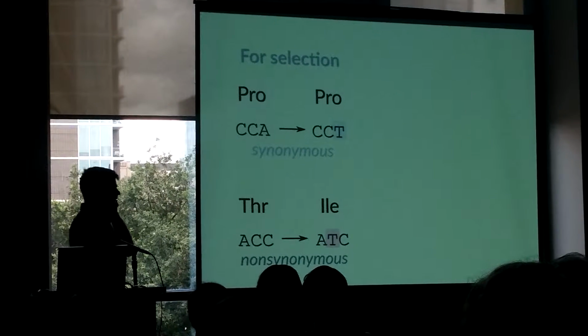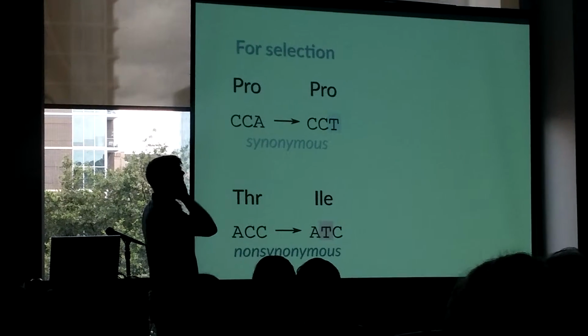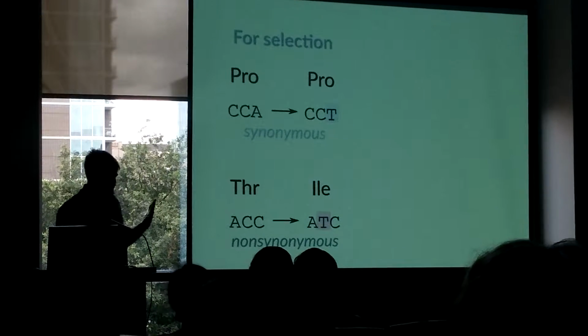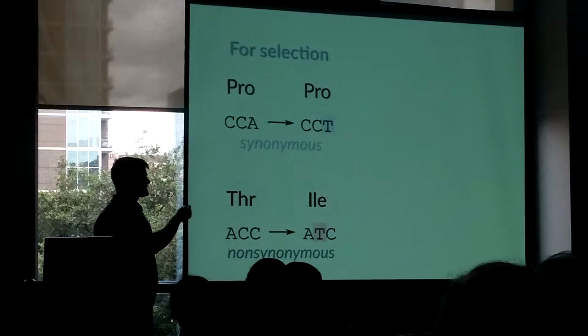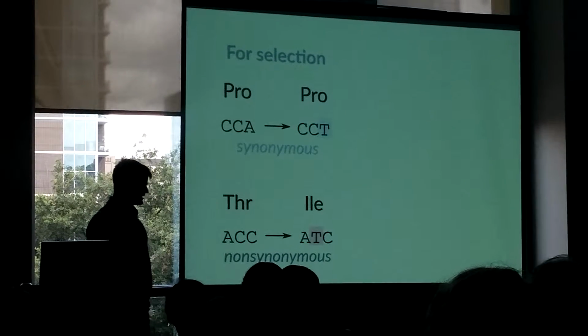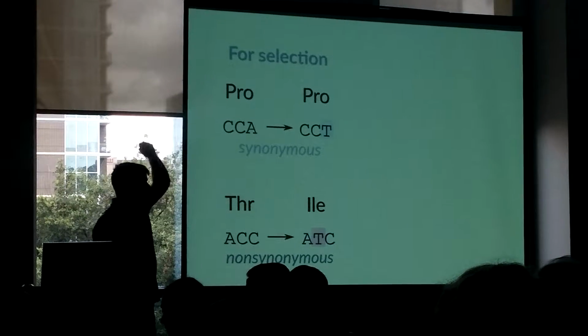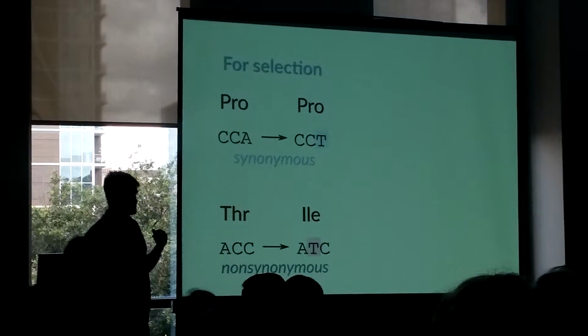So now let's do a little bit of natural selection. I'm sure many of you are familiar with the fact that typically for these sorts of studies, we like to compare the number of synonymous versus non-synonymous mutations; if, for example, we see an excess of synonymous mutations, we interpret that as being purifying selection.